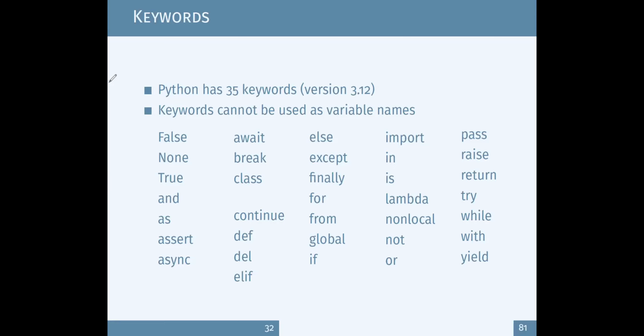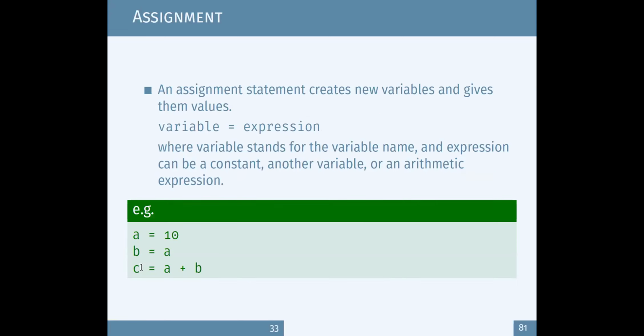We discussed that it has to start with a letter, and after that letter or underscore, and after that you can have letter, underscore, or a digit. We also discussed that some of the words we cannot use are called keywords. So any of these Python keywords, you cannot use them as variable names.